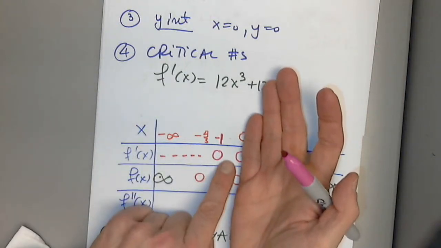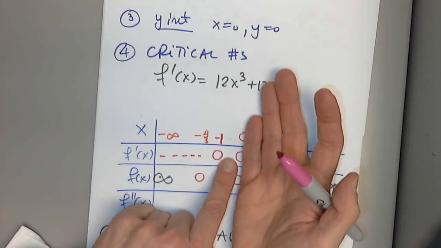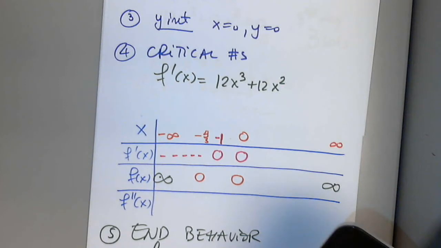Now this is a little bit difficult because I have to plug in -0.5. So let's put it in. 12 in parentheses -0.5 to the third power and plus 12. Tell me what you get.